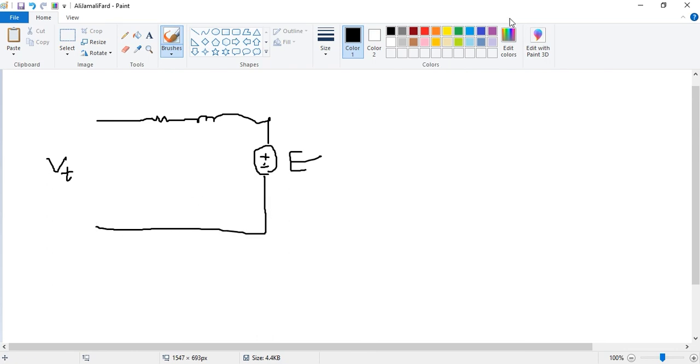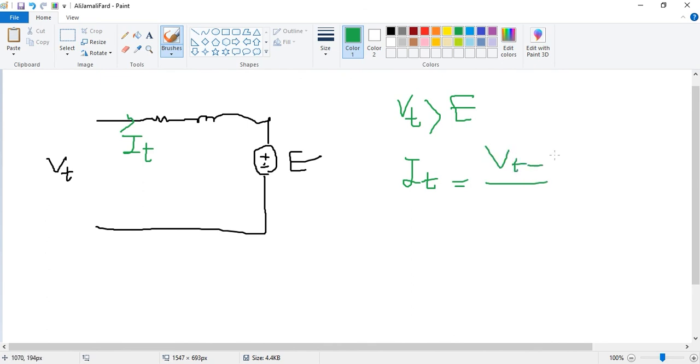If I want to be in motor operation, I should inject current into the armature terminal, and the terminal voltage should be higher than the motor back EMF. And as you know, the terminal current is equal to Vt minus E divided by the armature resistance.